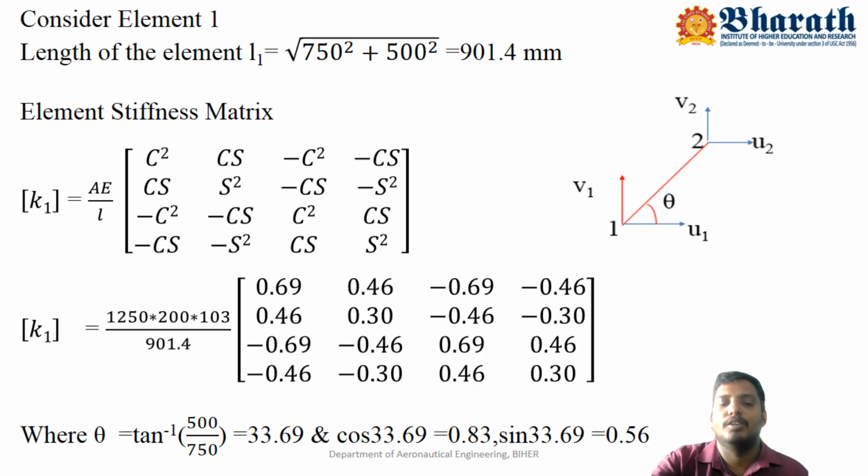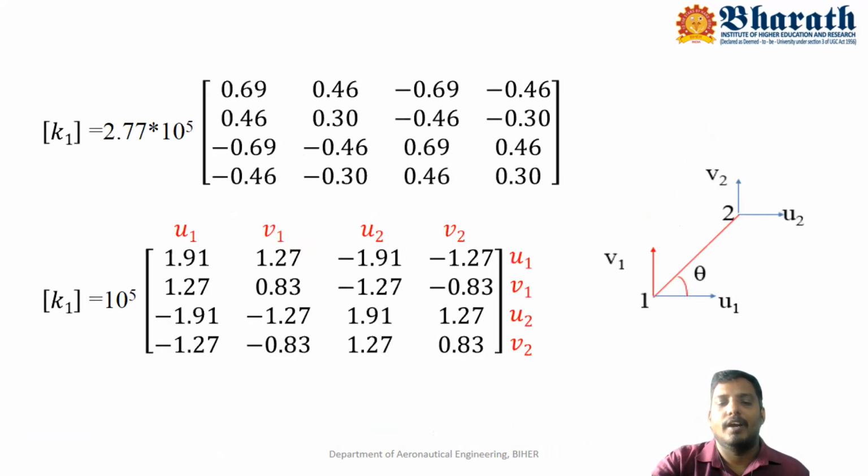Then we find the theta value, which is equal to 33.69 degrees. Then we get the cos theta and sin theta values: cos 33.69 equals 0.83 and sin 33.69 equals 0.56. Then we substitute into the given equation, and we get our stiffness matrix for element number 1.